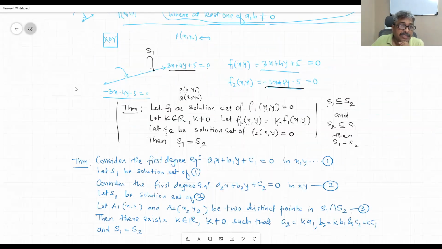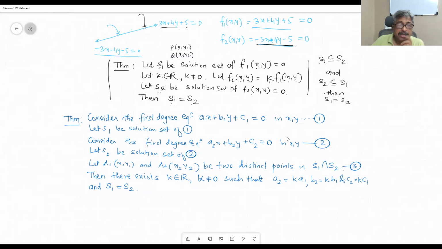Now our efforts right now are to prove the converse.